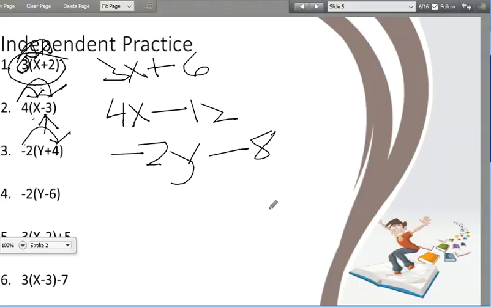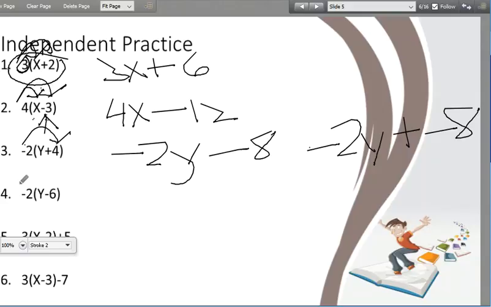Now, one thing you have to be very careful of here is your signs, okay? It's important to realize that if there is a subtraction sign in front of a number, that actually makes the number negative. If there is a negative in front of the number, it makes it negative, okay? So another way we could have written number 3 would have been negative 2y plus negative 8.